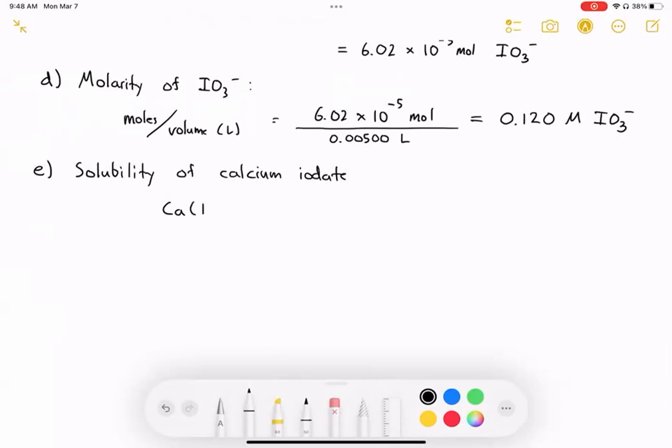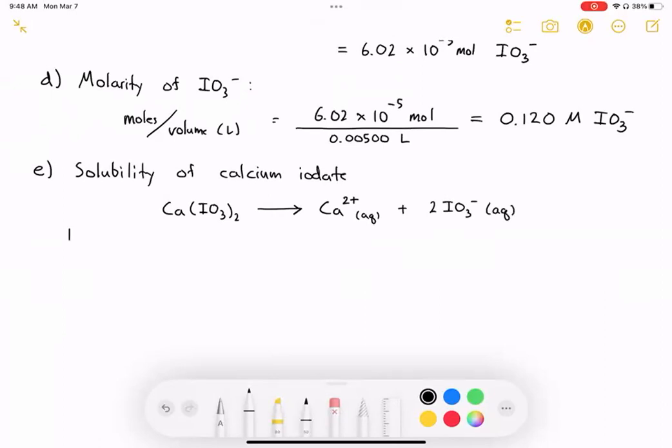Calcium iodate goes to, so we always use single-headed arrows because it's usually a small amount that goes to the ions. So we have calcium 2 plus aqueous plus 2 iodate ions in the aqueous state.